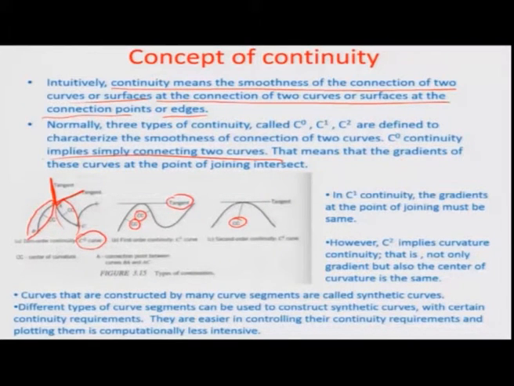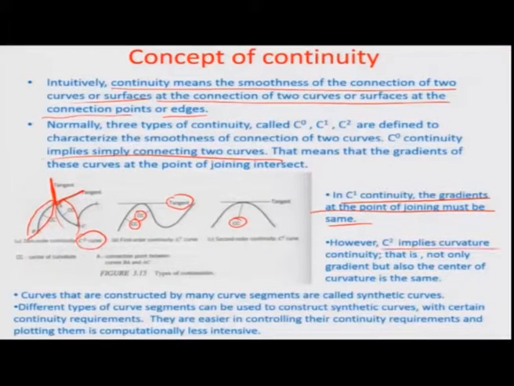So, whatever equations we use, either the Hermite equation or the Bezier equation, we would like to plot in a manner that obeys one or more of these connection methodologies, to ensure that the synthetic curves are actually able to continually define the surface in question. So, for C1 continuity, the gradients at the point of joining must be the same.